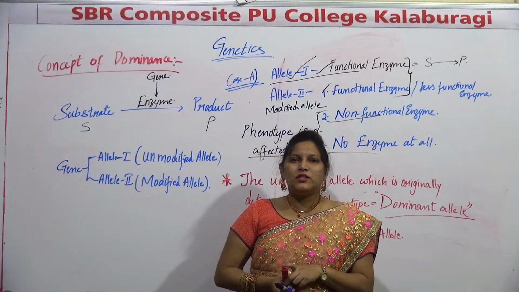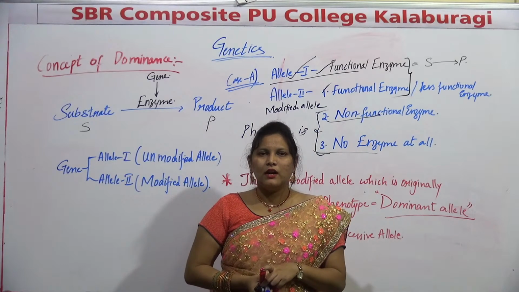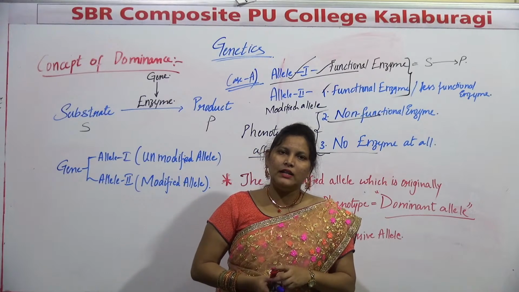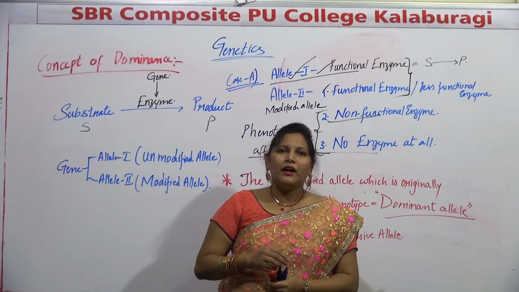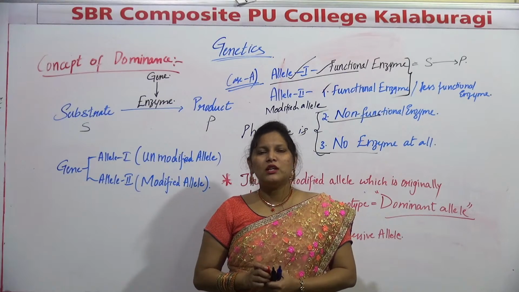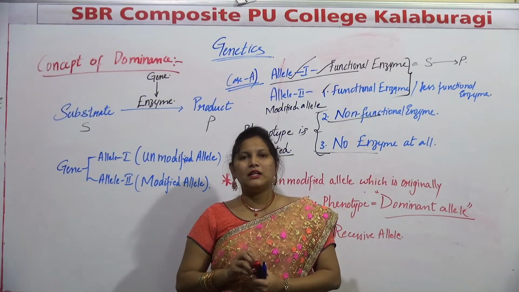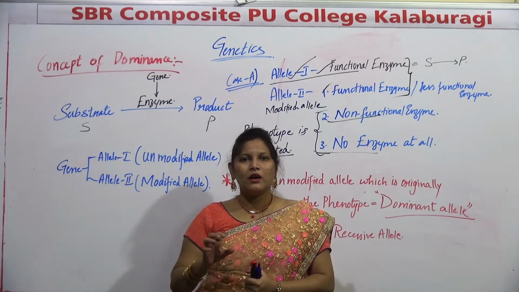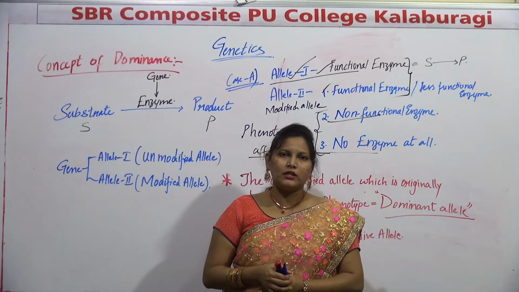If the gene has two alternative forms, called alleles, one allele is the unmodified allele and the other is the modified allele. An unmodified allele is a functional allele and it produces the original phenotype. That is, it helps in production of a functional enzyme which can convert the substrate into product.